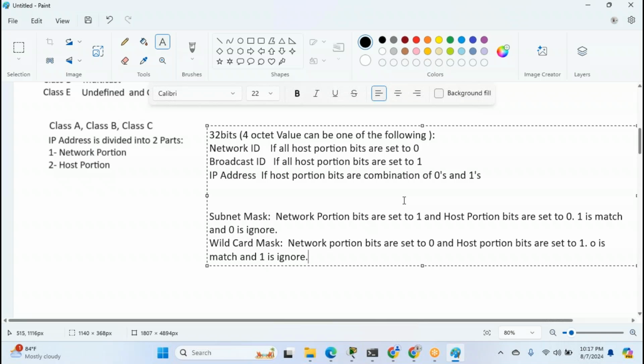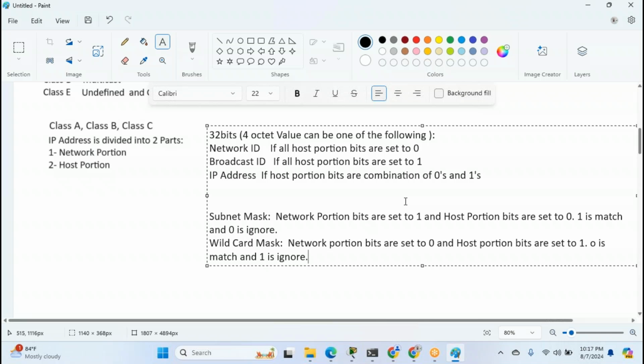In OSPF, in EIGRP and ACLs, there are some configurations where instead of subnet mask we use wildcard mask. But in all the latest operating systems, like firewall operating systems and others, they are not using wildcard mask anymore, they just use subnet mask.